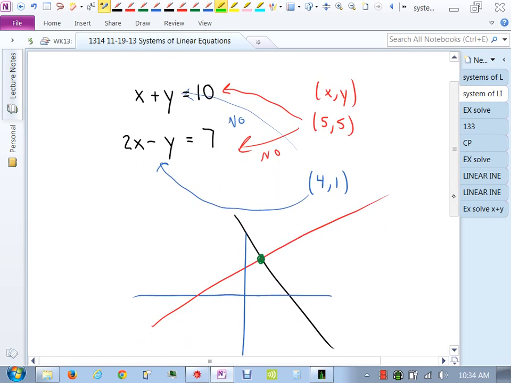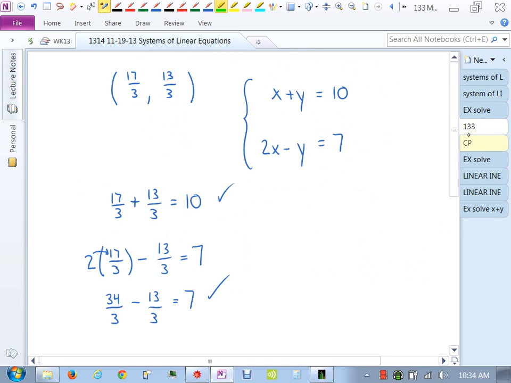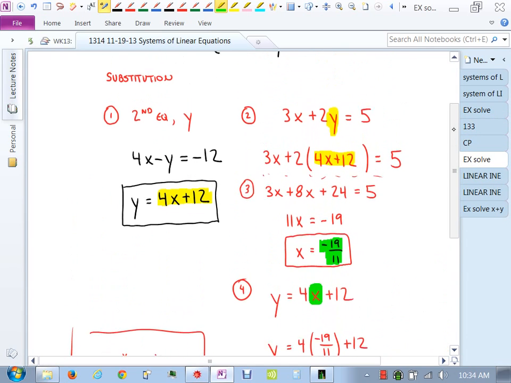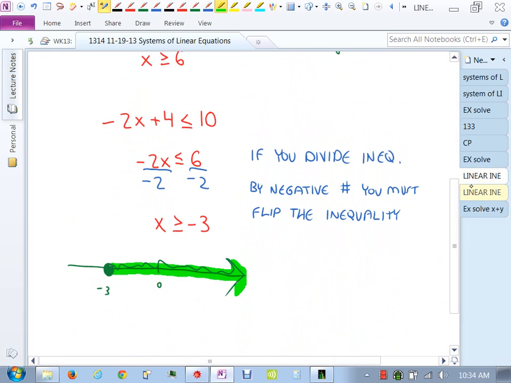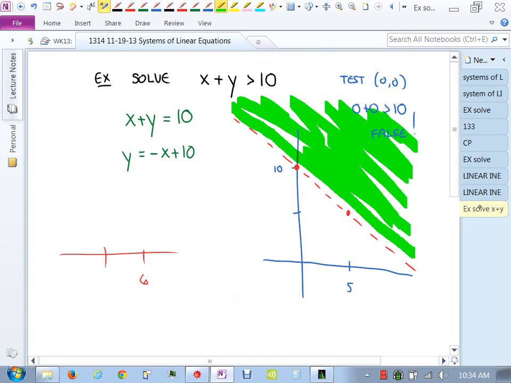And then we actually have 2 lines, and we try and figure out where they hit each other, right? And then I said, all right, here's a couple of examples, and here's an application. And then I started talking about inequalities, then linear inequalities. And now what do you think I'm going to say? System of linear inequalities.